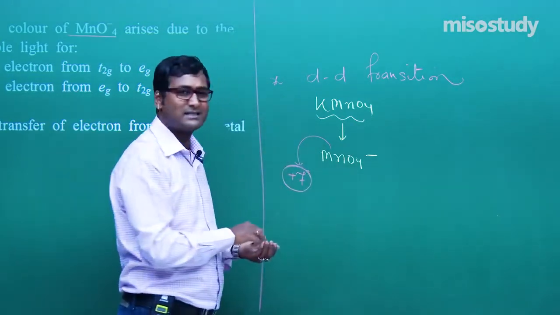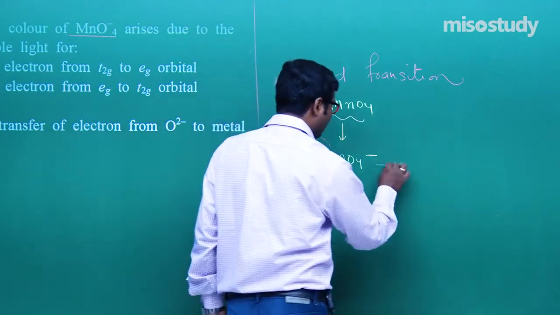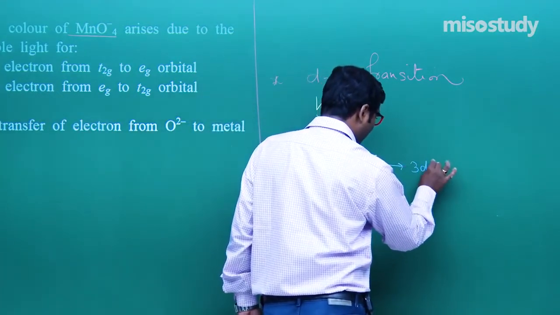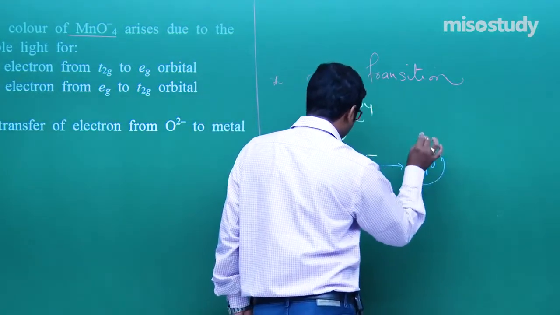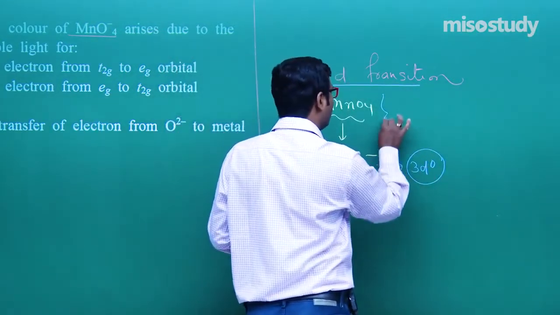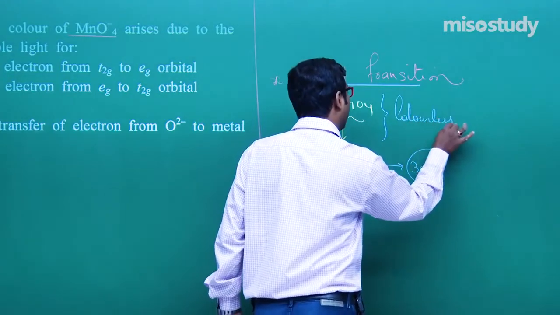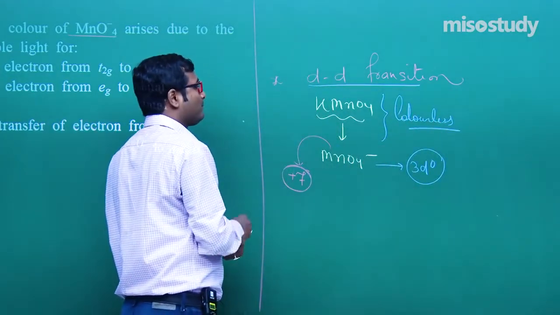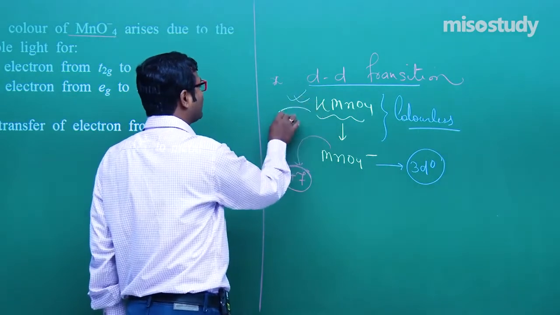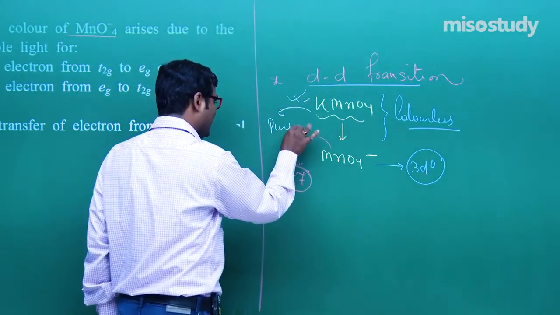Mn is in +7 oxidation state, and in +7 oxidation state it is 3d0, an empty d orbital. So according to the d-d transition, this one should be colorless. But still we find that KMnO4 has purple color. What is the reason behind it?